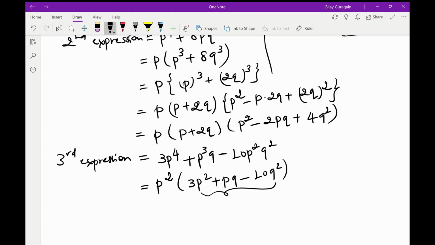Now let us further factorize this expression.